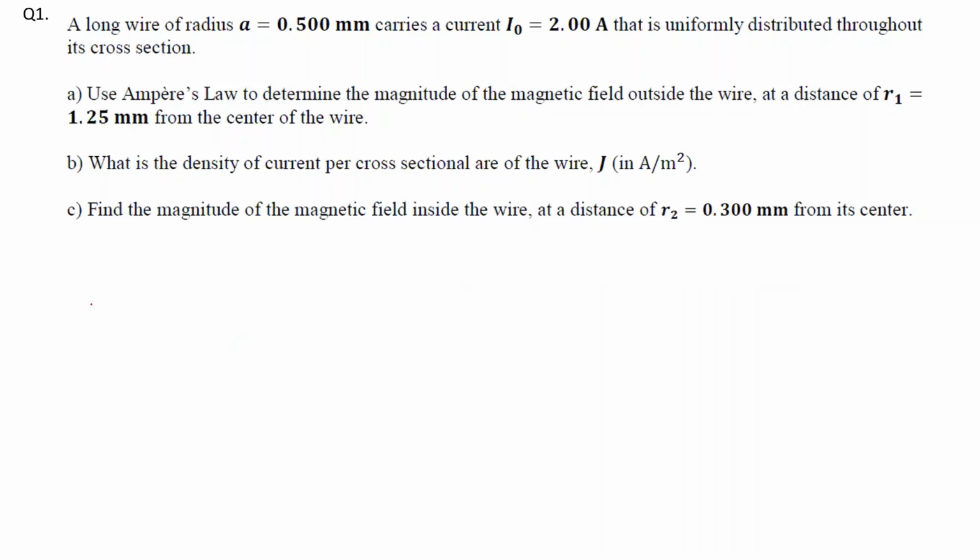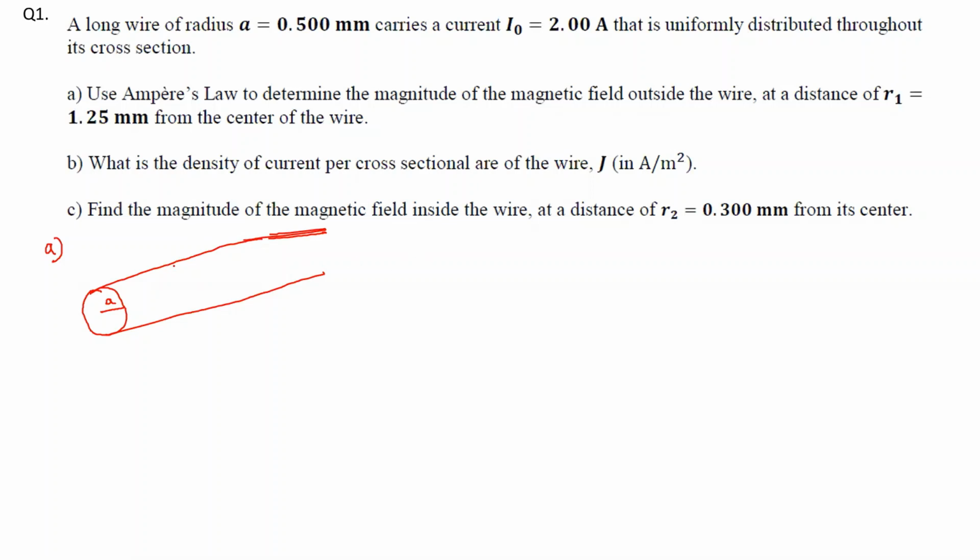Okay, for the first part A, I'll first draw what they are telling. A long wire of radius A. So we have a wire of radius A, the same radius throughout the wire.